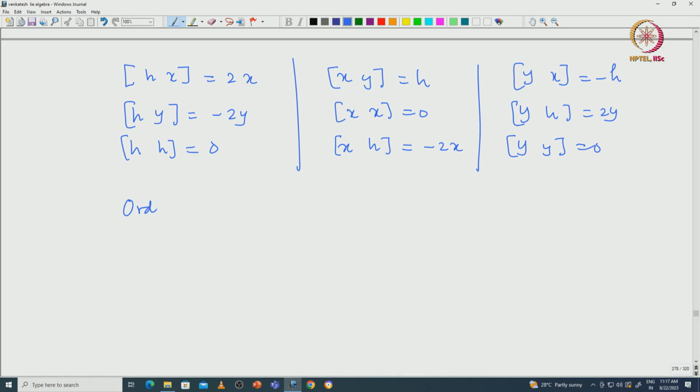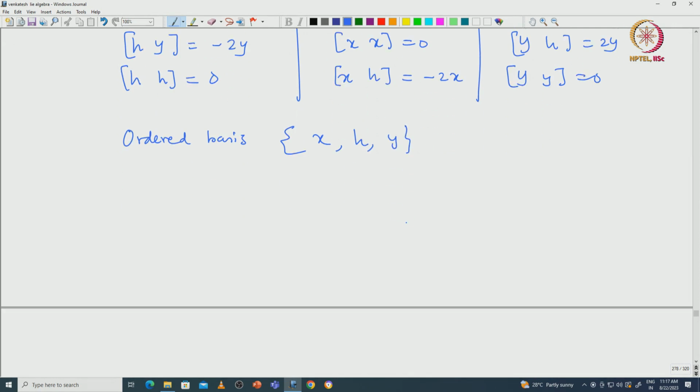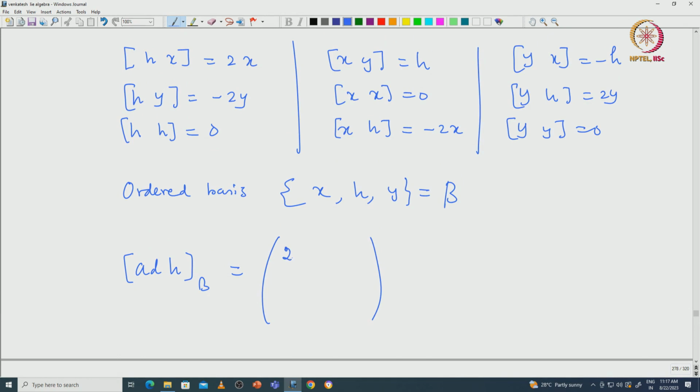Okay. So, we will fix this order. We take this ordered basis x, h and y. Then with respect to that, what will be the matrix of ad h? If you call this basis B, then the matrix of ad h with respect to this basis: hx is 2x, hh is 0 and hy is minus 2y.